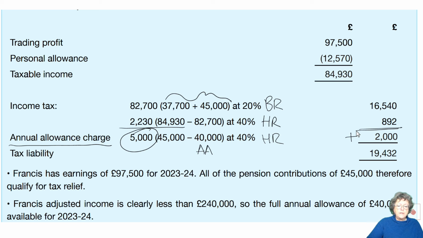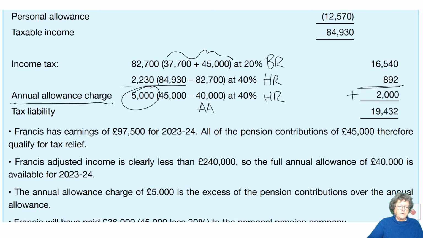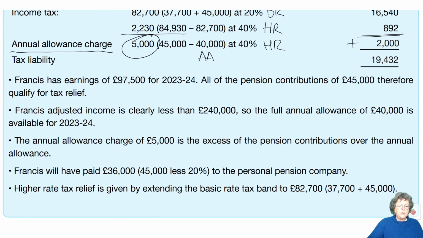So although he's got the relevant earnings, because he earns £97,500, he'd only got an annual allowance of 40,000, and obviously he's clearly below the 240 limit for that.